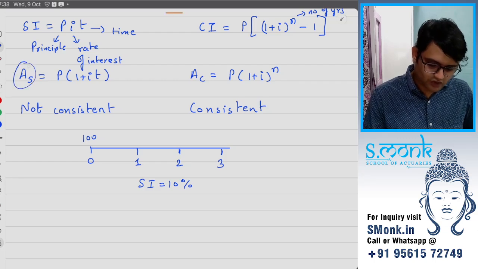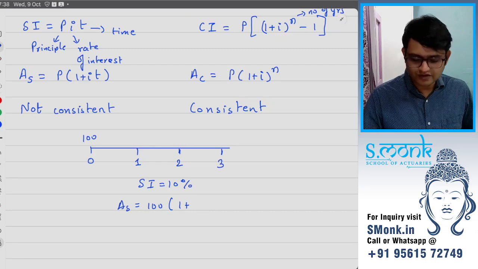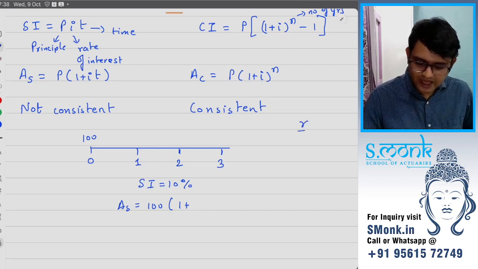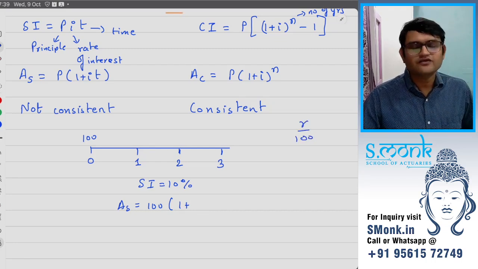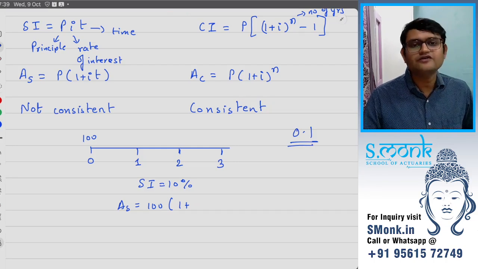You will say the amount to be returned should be nothing but P, principal being 100, into 1 plus the interest rate, which is 10%. Now see, you might have learned the formulas as R by 100 or something like that. We are not going to write it that way. When I say 10%, that means 0.1. Percent is already divided by 100.